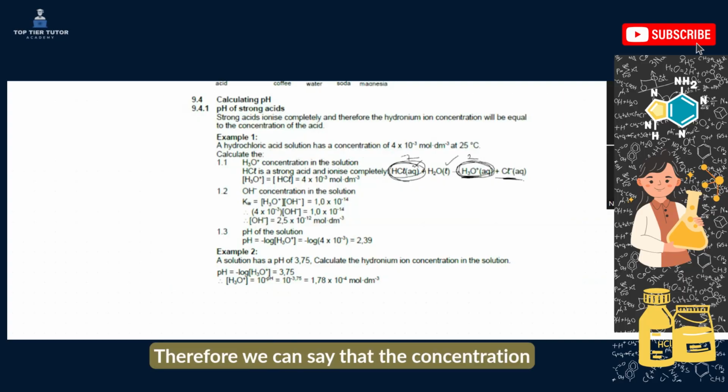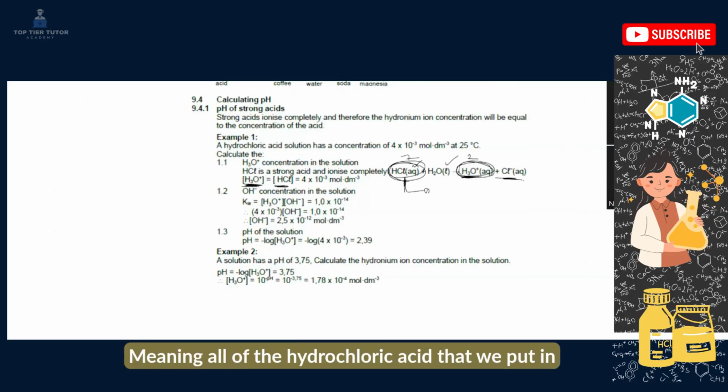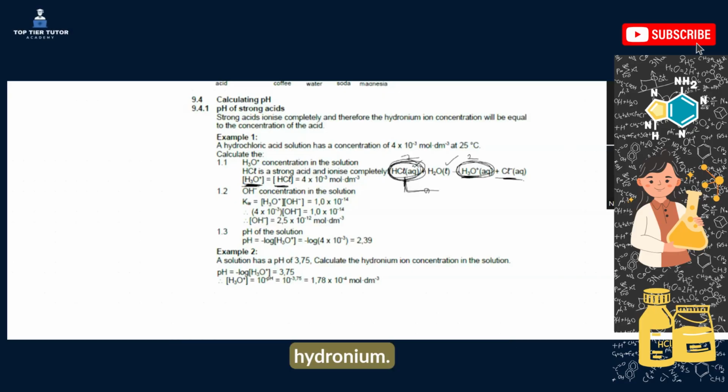Therefore, we can say that the concentration of your hydrochloric acid is equal to the concentration of your hydronium. Again, the reason being is that hydrochloric acid is a strong acid. So it means that it's going to ionize completely, meaning all of the hydrochloric acid that we put in water is going to ionize to actually form hydronium.